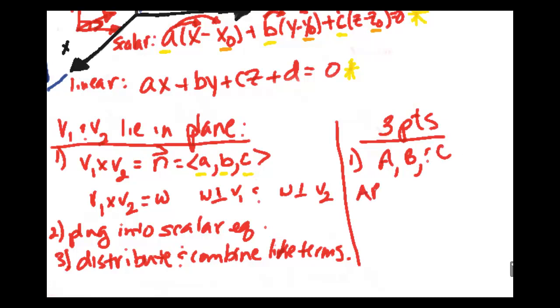Form vector AB, cross it with vector AC, doesn't matter which ones you choose. Then that'll give you the n hat, and then pick any three of them to plug into your scalar. Steps 2 and 3 are the same for both.